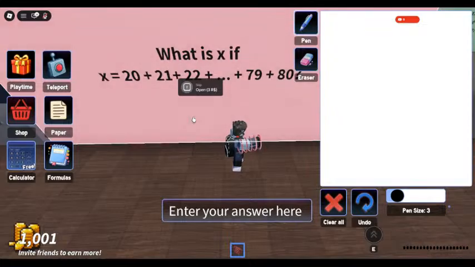So it's 100. 100 times how many numbers there are, divided by 2. 60 divided by 2 is 30. 20 plus 80 is 100. 100 times 30 is 300 only, not 3000.